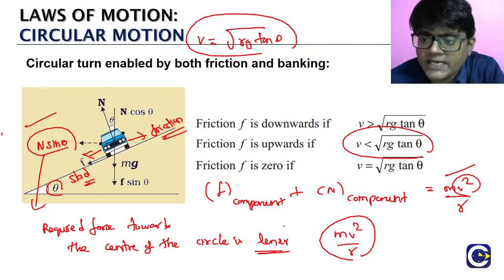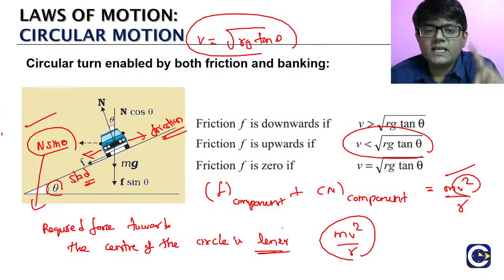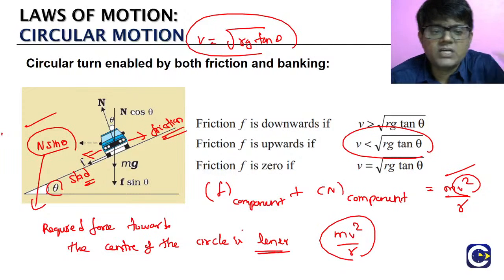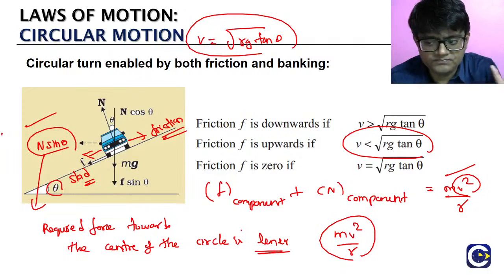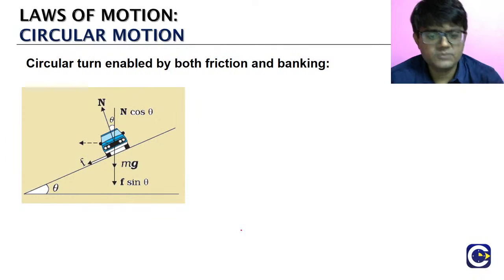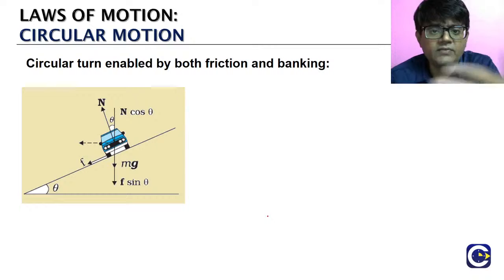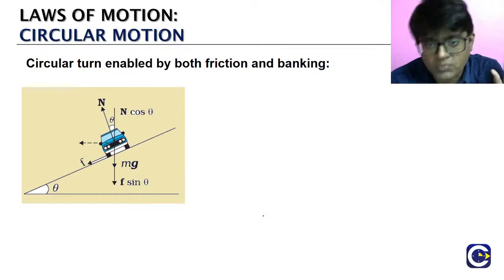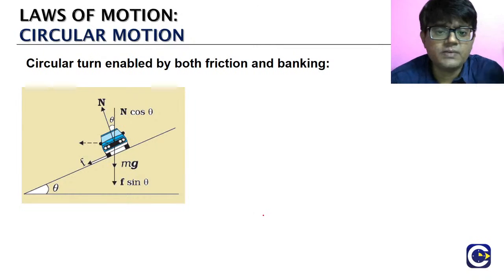So we are interested in knowing the maximum speed with which we can take a safe turn on the particular road. We have a small derivation, and we will get a very standard formula. We should try to remember the formula as it is.